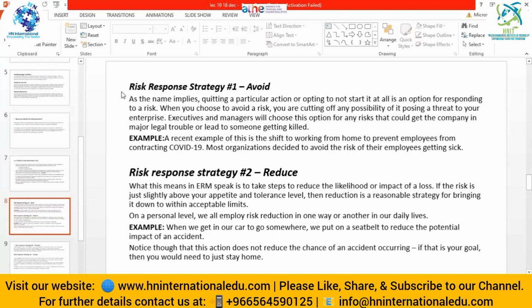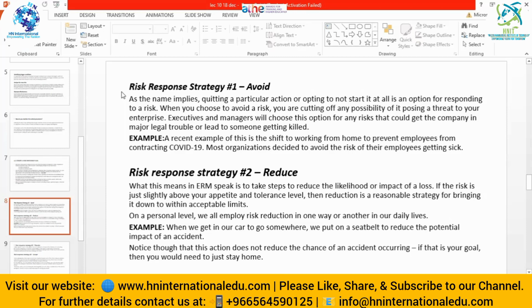Now, avoid. What type of situation or risk can we avoid? There is the example of COVID-19. Because due to that, first of all, if you were calling your employees in during that pandemic, that was illegal, because they had banned organizations from working. They said to work from home.